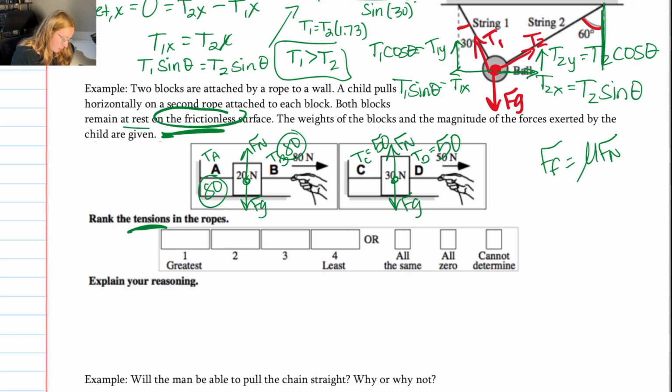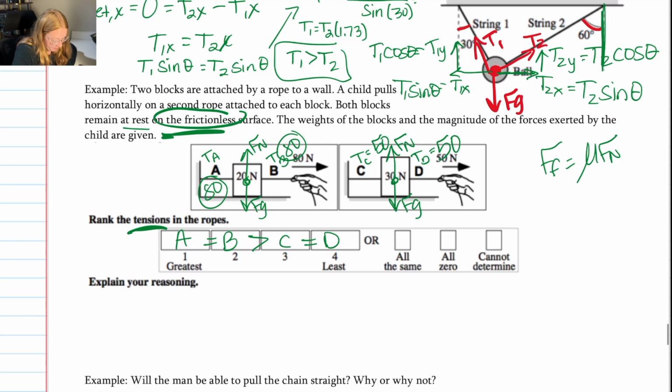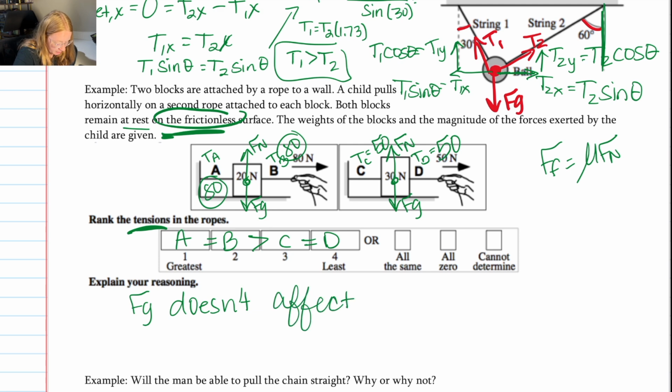Okay, so for ranking them from greatest to least, A and B are both the same, but they're greater than C and D. Explain your reasoning. First of all, the FG does not affect tension. So I would want to mention that for my explanation.